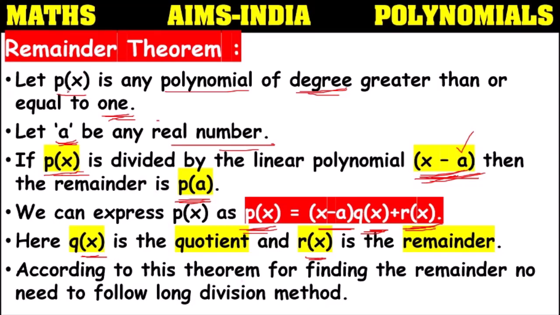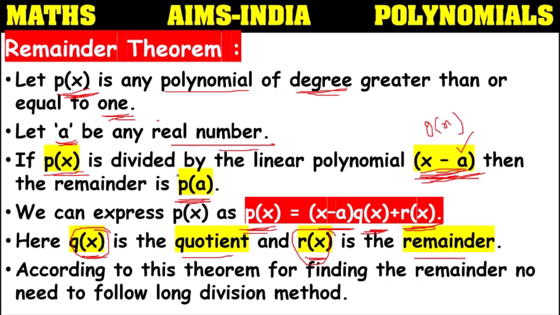So here if we take one polynomial and divide it with a value like x minus a, we will get a remainder. If this expression is P of x and this one we consider as g of x, for two such polynomials, there exist two more polynomials, q of x and r of x, where one is considered as quotient and one is considered as remainder.